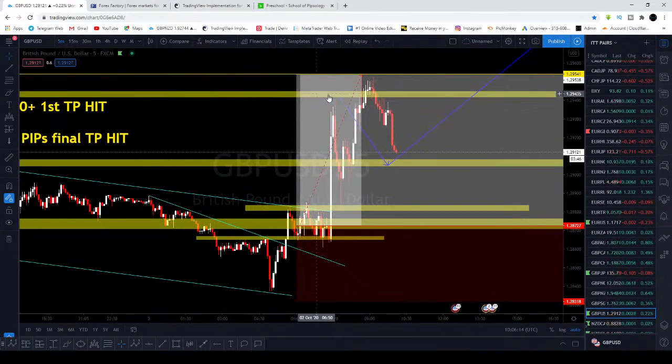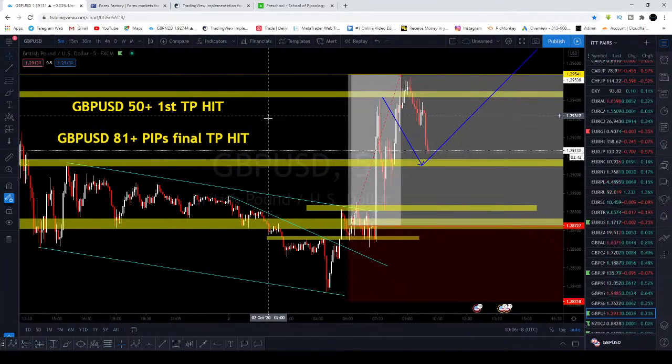Anyhow, our last take profit was triggered for 81 pips. So right now, I'm not interested in buying it or in selling it. I'll wait for the move or whatsoever they want to make. Let them do it. And remember, I'm still holding some of my swing trade, just for your information.